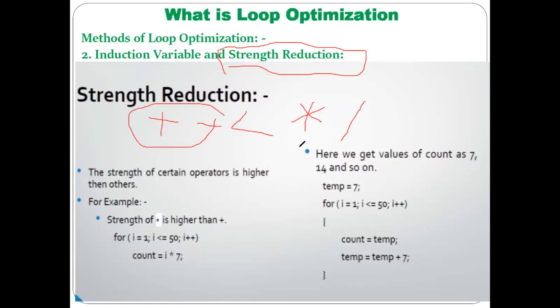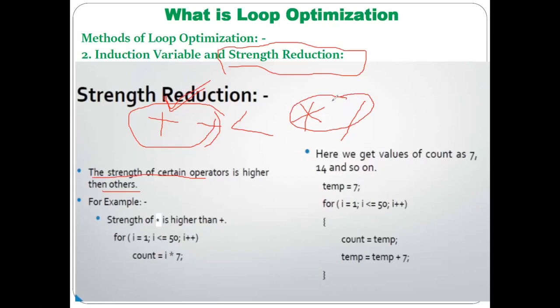Understood? Definitely the less strength operators will require less processing. If the processing requirement is less, execution speed will be more. So generally preference is given to the less strength operators instead of high strength operators.